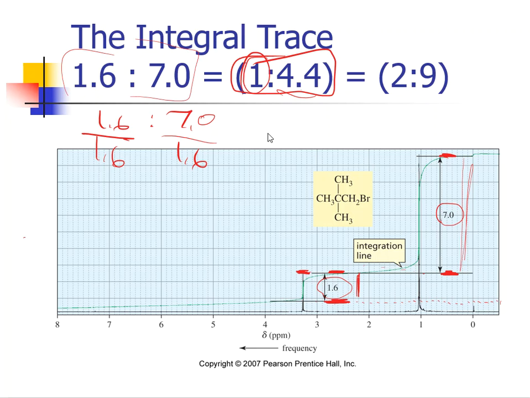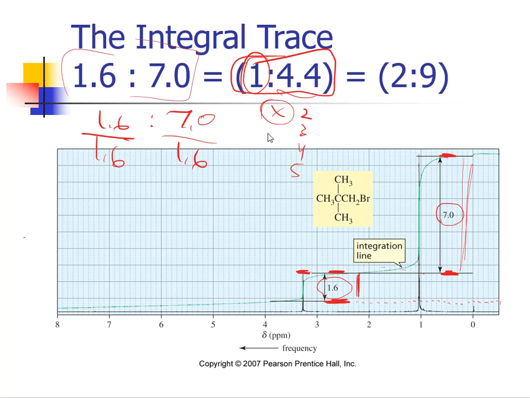So at this point, we have to bring in a multiplier. We have to multiply it by something. We multiply it by 2, we multiply it by 3, we multiply it by 4, we multiply it by 5. I don't care what you multiply it by, but you're going to multiply by something in order to get closer to a whole number. Now, it's not going to be perfect. It never will be perfect. We're okay with that. But this 4.4, it's not going to cut it.